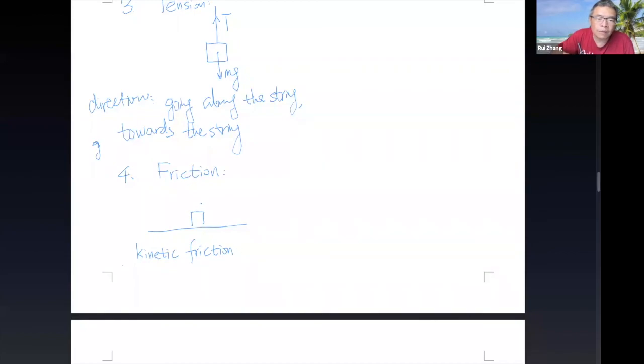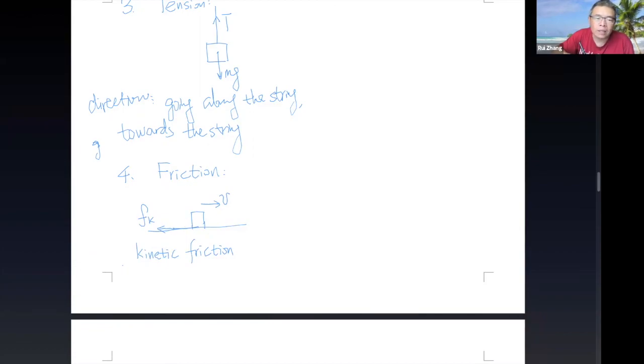When the object is moving with velocity v, as far as it's moving, there's going to be a force going backward. We call it Fk. K stands for kinetic. So this is our kinetic friction. This force is trying to stop the motion, so eventually the motion will be stopped because of kinetic friction, okay?